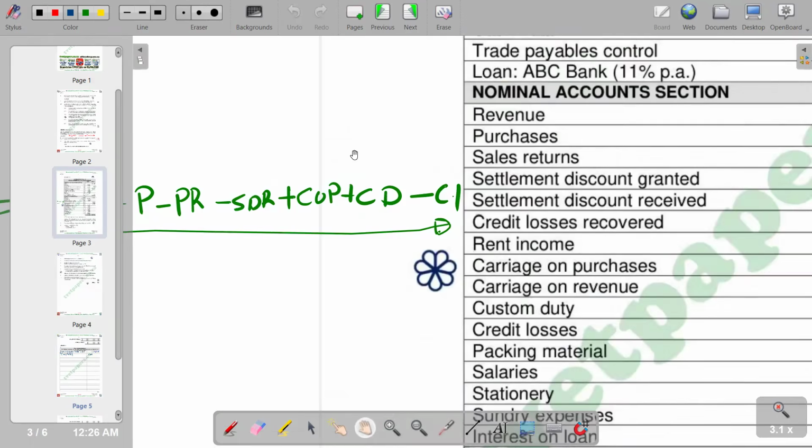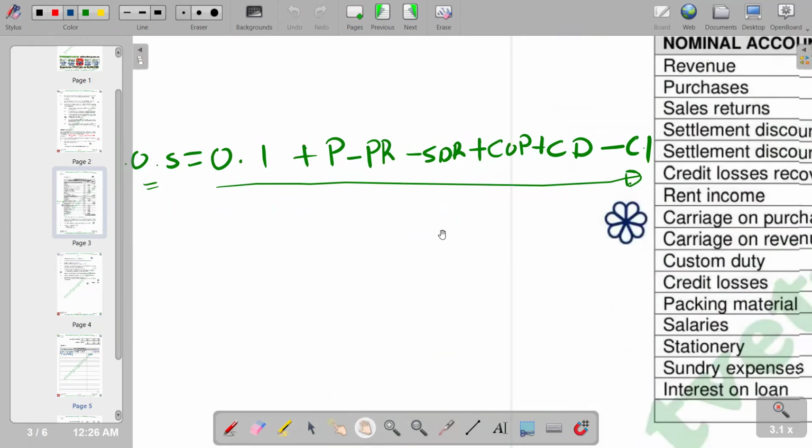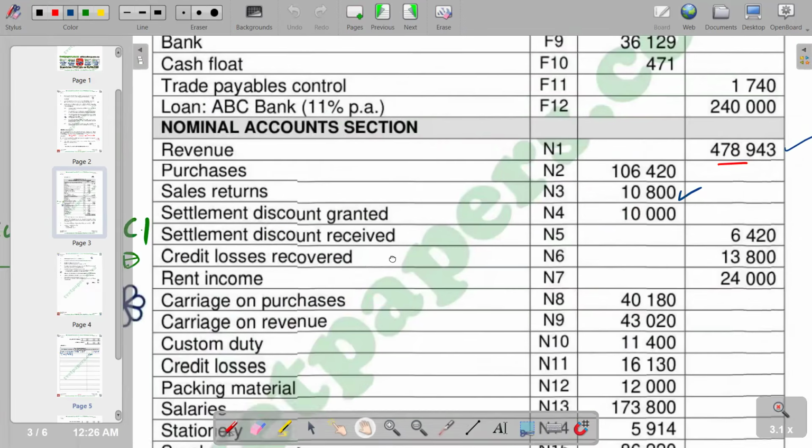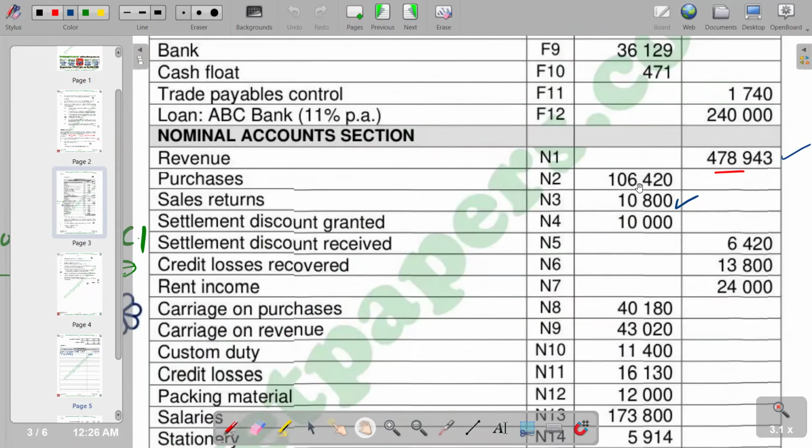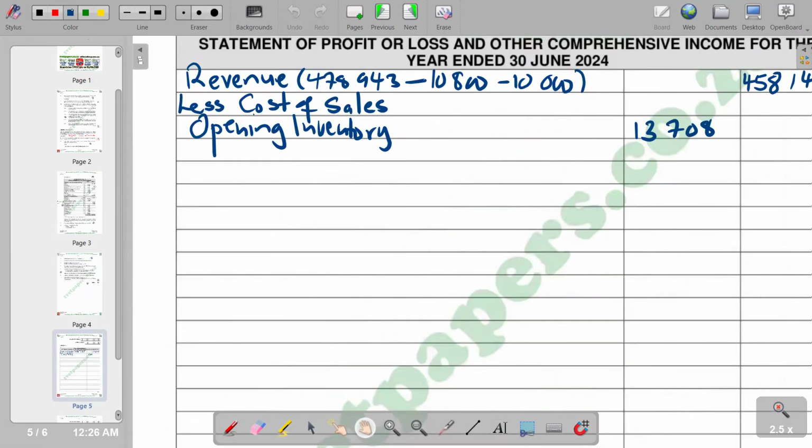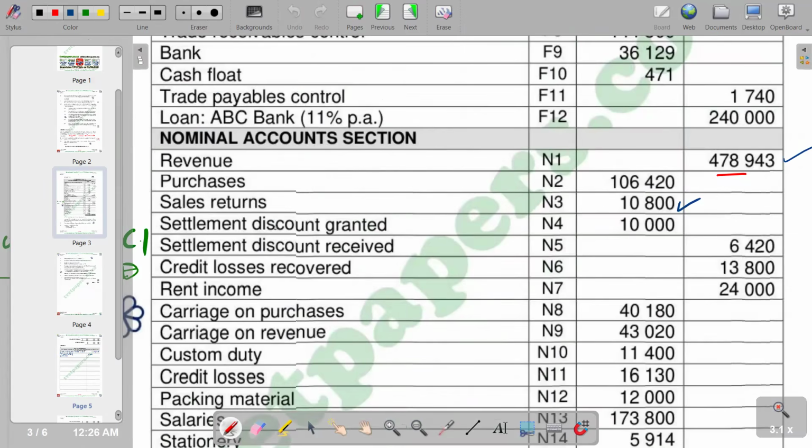And then from there, remember our formula, from opening inventory we go to our purchases. So we look for our purchases. We see that we are given purchases, in this case 106,420. So we are supposed to add our purchases. But of course, our purchases also need to be adjusted. Remember, we check if you've got some returns.